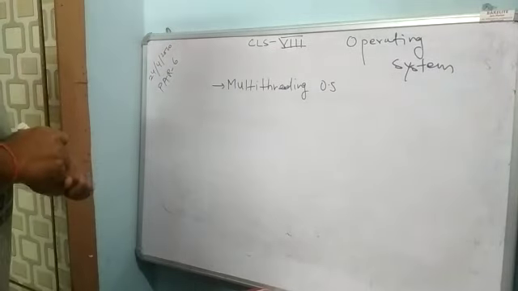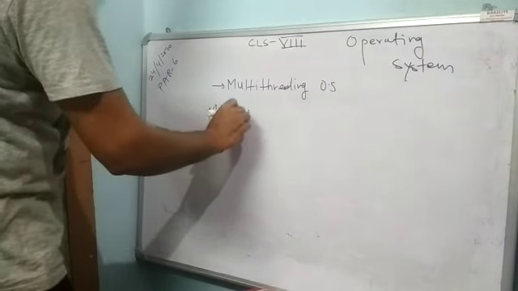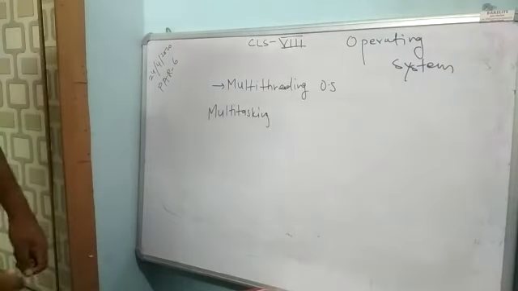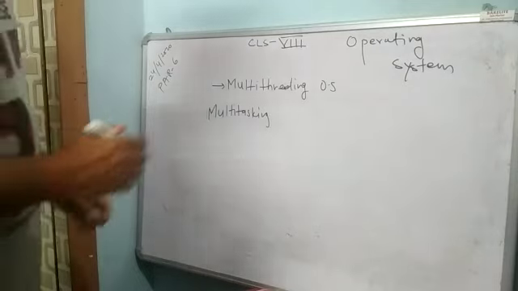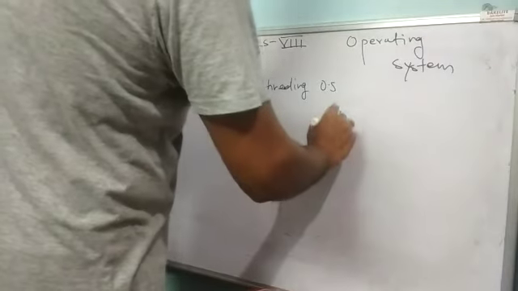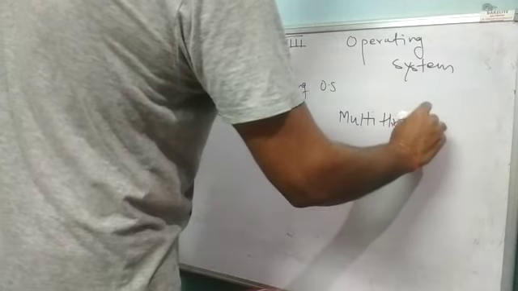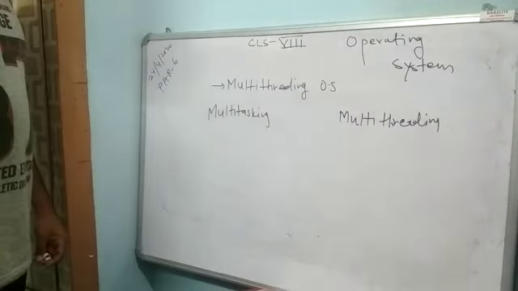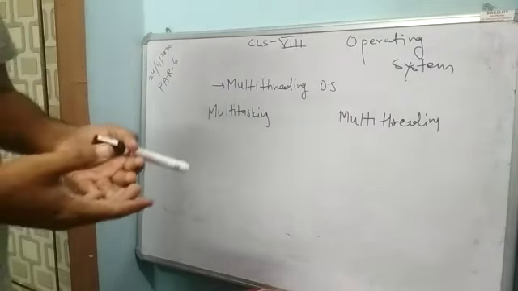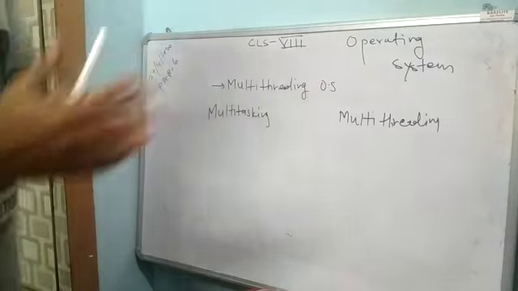I told you about multitasking. In a multitasking operating system, multiple tasks can be performed at the same time, and multi-threading is different. You may say, sir, you told me that multiple users can use different parts of the same program simultaneously.